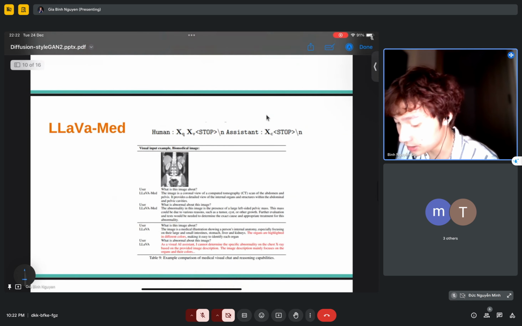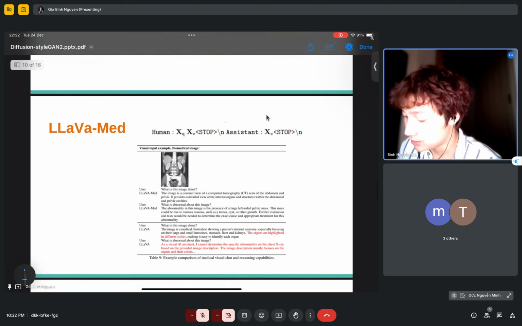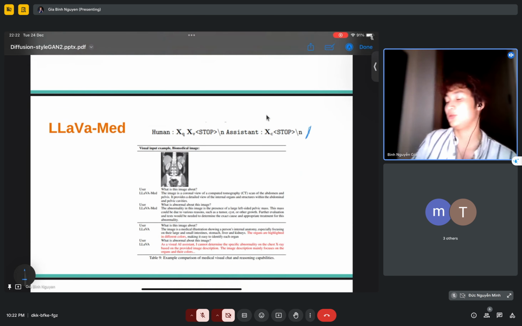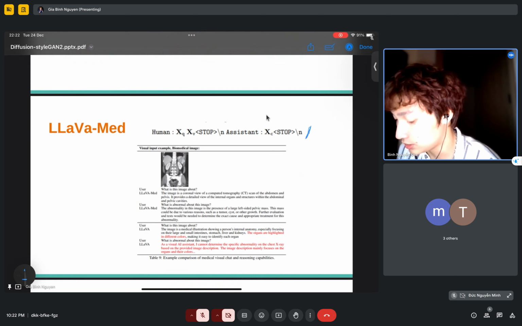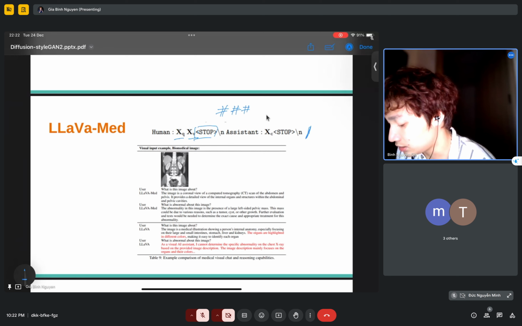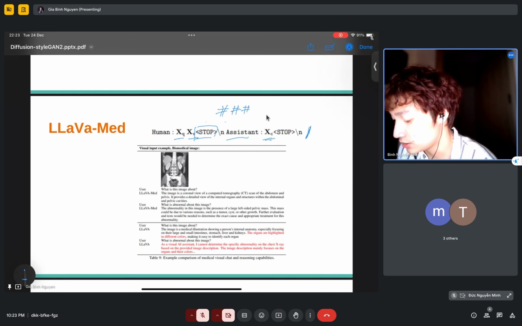The LLaVA-Med here is, as you can see, quite similar to the LLaVA I mentioned before. It also receives the question, the image, and the stop token here, and the assistant will try to generate the caption.